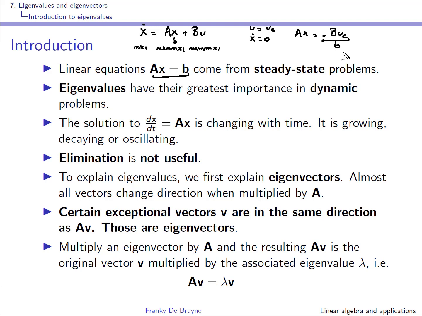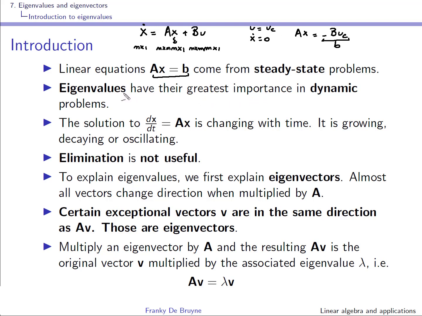Indeed this is a system of the type Ax = b, and it's associated with the steady state problem. We are interested in the solution when x is constant, for a constant input.